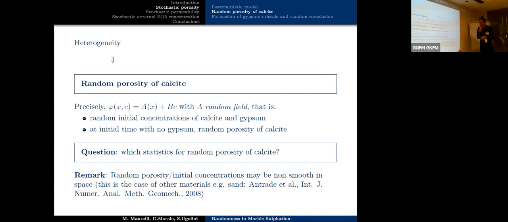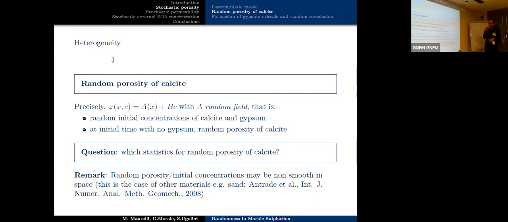And then here comes my first question for you, which we did not manage to find in the literature, but maybe you know some answer. If it makes sense to consider calcite which has a random porosity, what are the statistics of this porosity? For example, what is the correlation function or things like that?